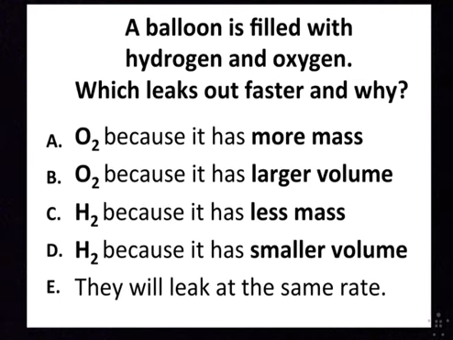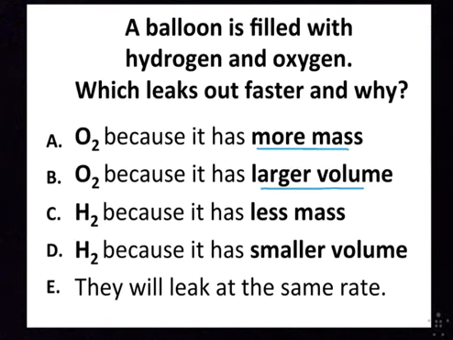Okay, so it is true that oxygen, O2, has more mass. It's true that O2 has a larger volume. So those two things are true. However, we need to answer which one leaks out faster and why.